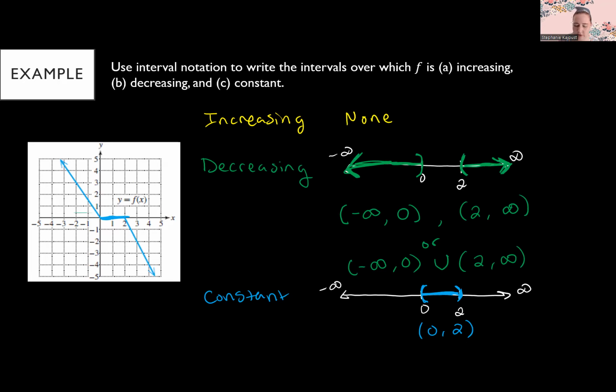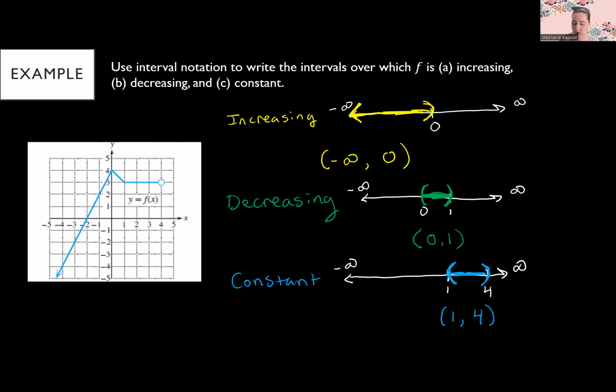Here, our domain would be from negative infinity to 4. When you combine all of your number lines onto a single number line, you need to have the entire domain. You want to make sure you're not missing any sections, because you're splitting the domain up into different pieces.